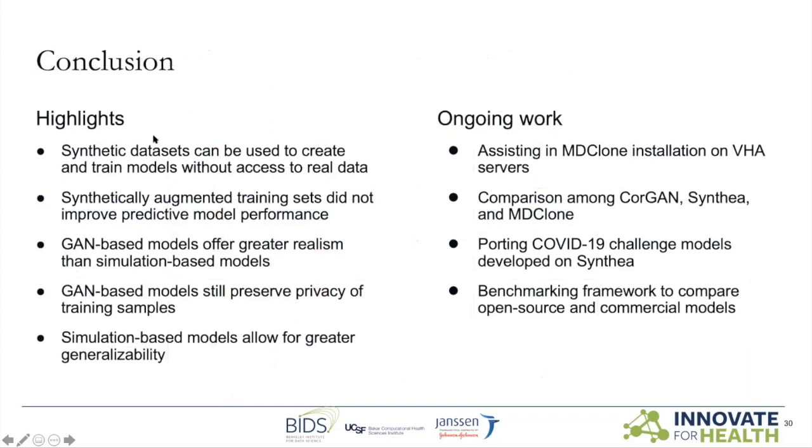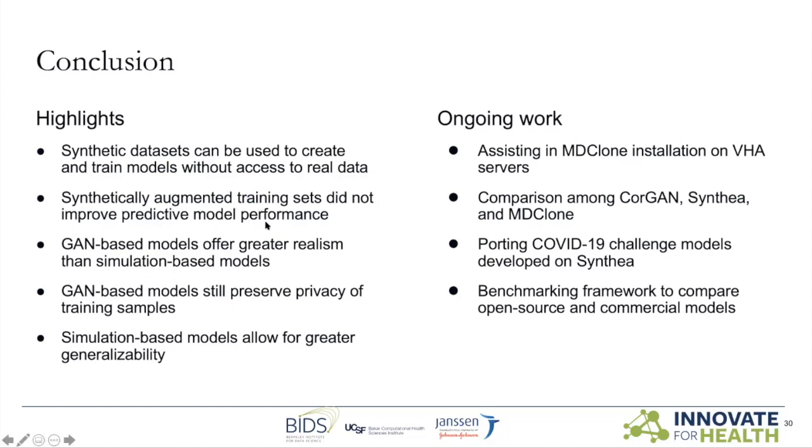So just to wrap up, this presentation showed that you can train models with synthetic data sets without access to real data. Of course, the performance does not reach that of training with real data, but at least with CorGAN and machine learning-based synthetic data generators, you can get a reasonable amount of performance.